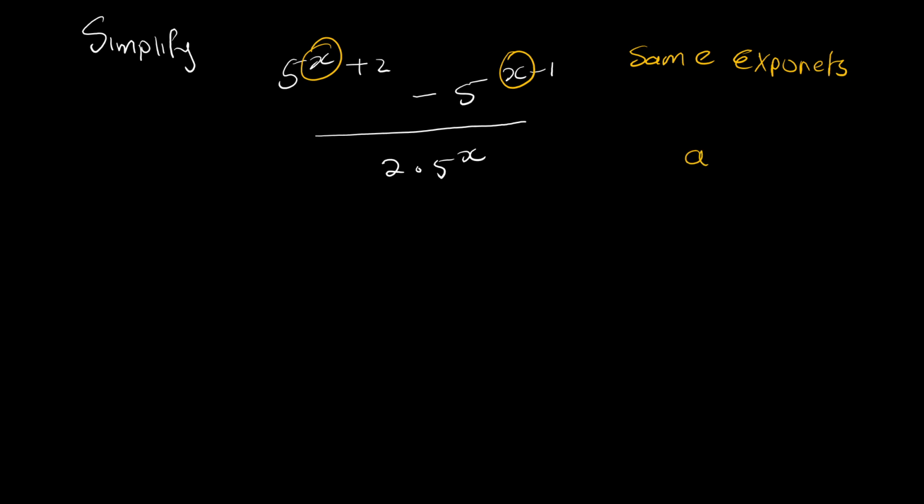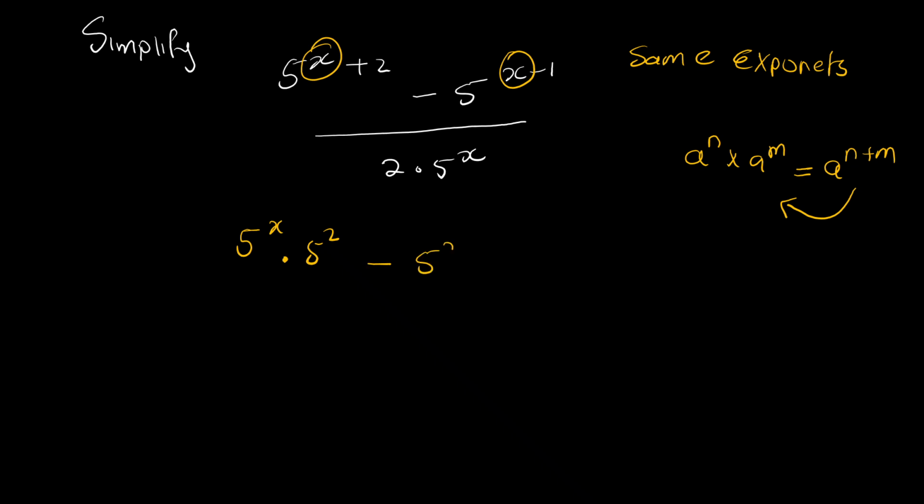Remember, if I have a to the power n multiplied by a to the power m, the bases are the same, so we add the exponents. So I'm going to reverse that and write the 5 to the power x plus 2 as 5 to the power x times 5 squared, because when I add the exponents, I get 5 to the power x plus 2. I'm going to apply the same law this side.